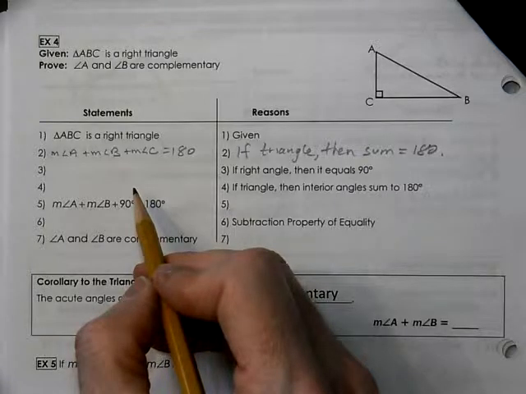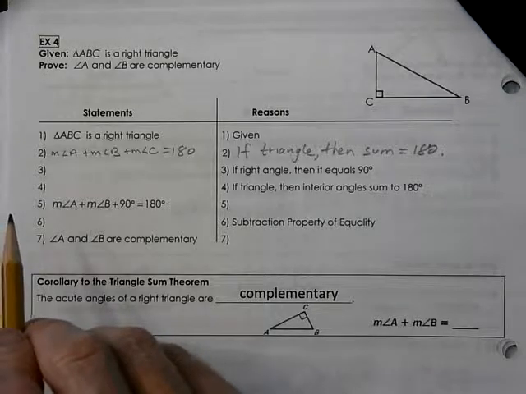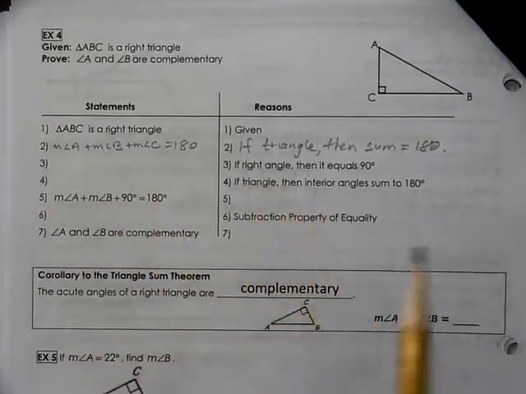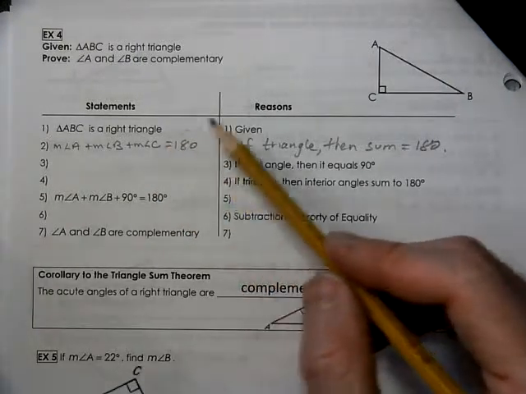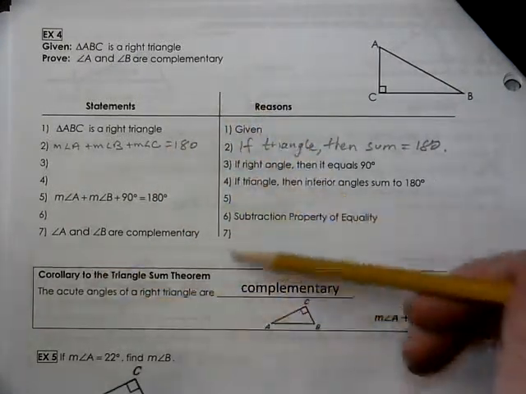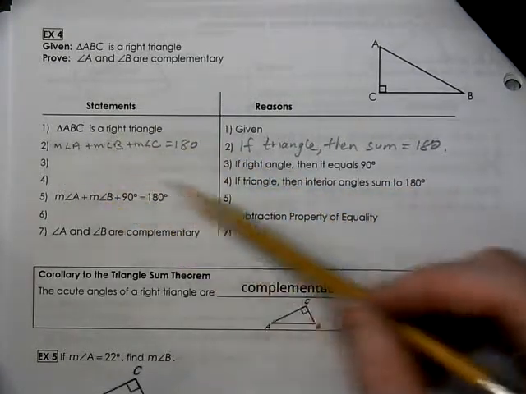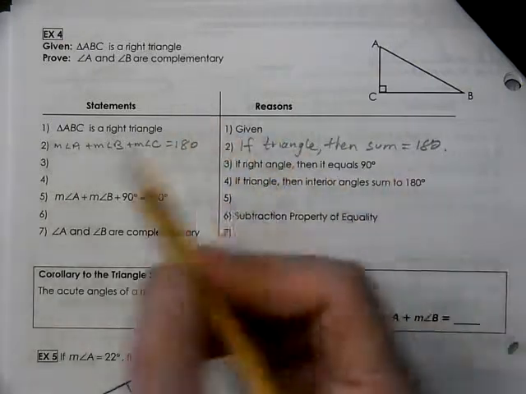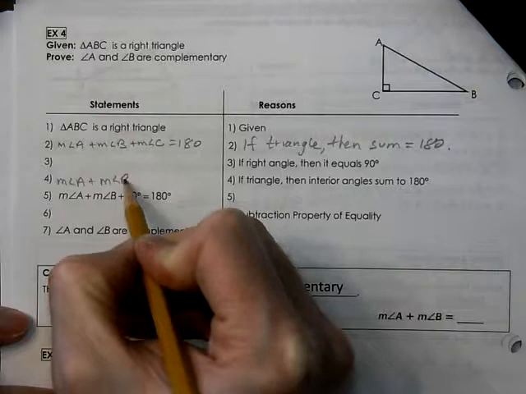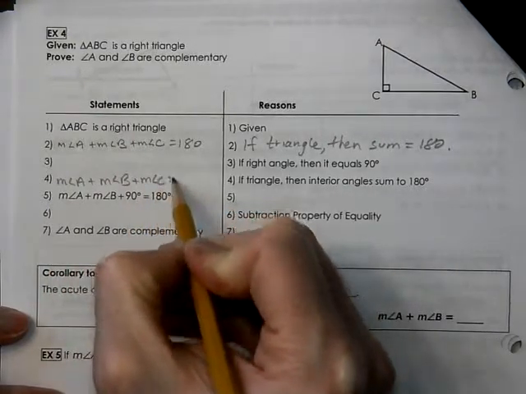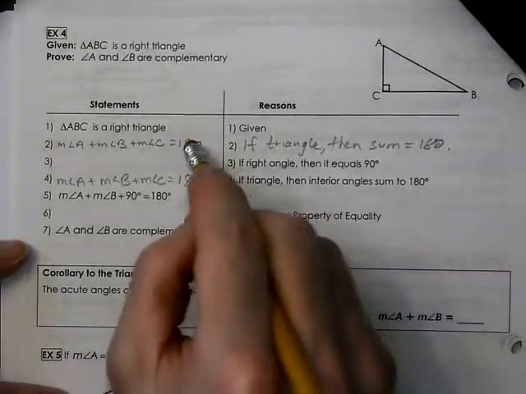We know, because we have a right triangle, oh, hang on a second. It looks like, since this was a proof and we were doing it in the order that it was pre-written, if triangle, then interior angle sum 180, they want to do that step down here. So we can't force it sometimes when we're following their predetermined method here. So we're going to have to try that one again.